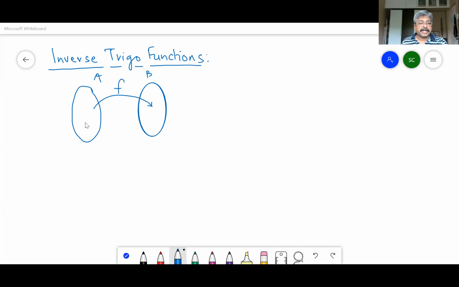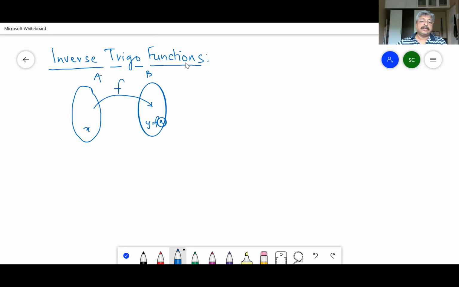So the input variable is x, f turns it into y. That is our understanding. y is the f image of x, right?